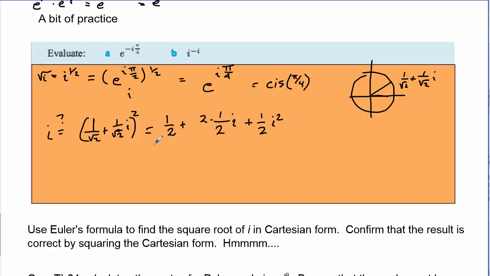I squared is minus 1, so we get minus 1/2 for that. Oh, and look what happens. The 1/2 and the minus 1/2 cancel, and we just get i as we expected. So here is the square root of i: 1 over root 2 plus 1 over root 2 i.